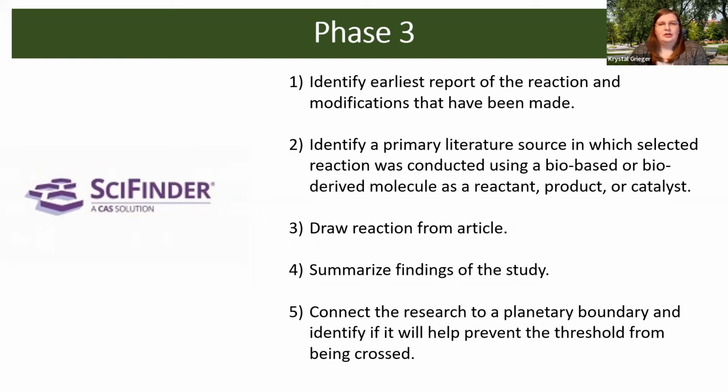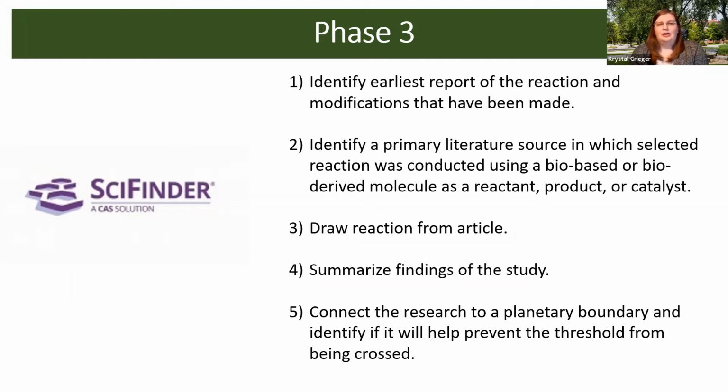Originally I was going to have them read the earliest report, until I found out in the planning phase, before we implemented this project, that some of these earliest reports are either hard to find or not written in English. And so we had them just locate who wrote it so that they could say this was first reported by, or the earliest report we found was by, instead of delving too far into that.